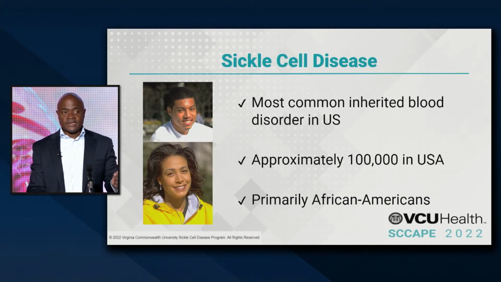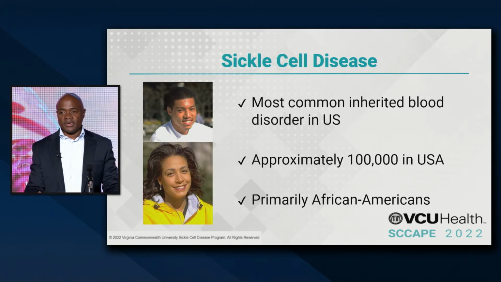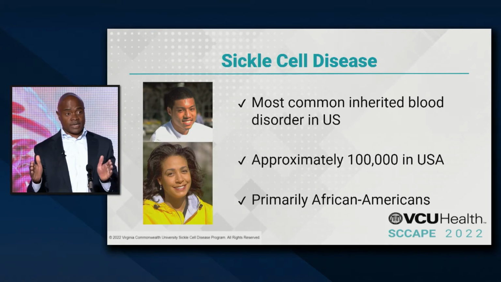So, sickle cell disease is the most common inherited blood condition in the US. We probably don't do a good job of counting how many people have sickle cell disease, but if you read the literature, it's approximately 100,000 in the US. Primarily, it affects African Americans in the US.